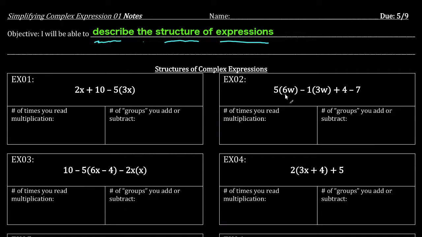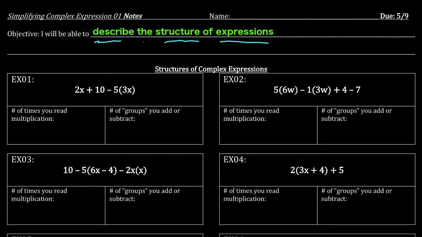Let's read this one. 5 times 6w minus 1 times 3w plus 4 minus 7. One more. 10 minus 5 times 6x minus 4 minus 2x times x.